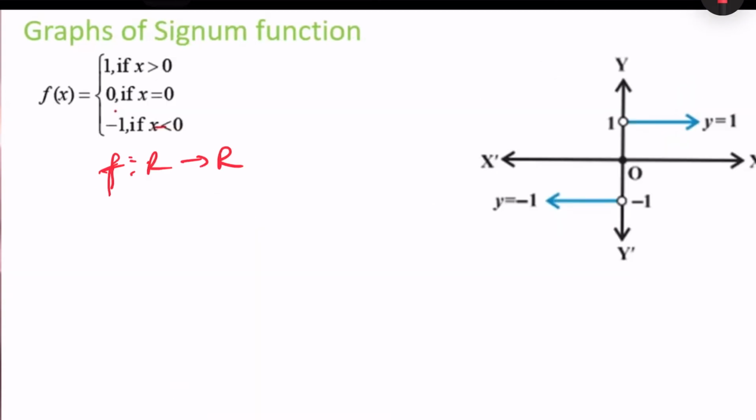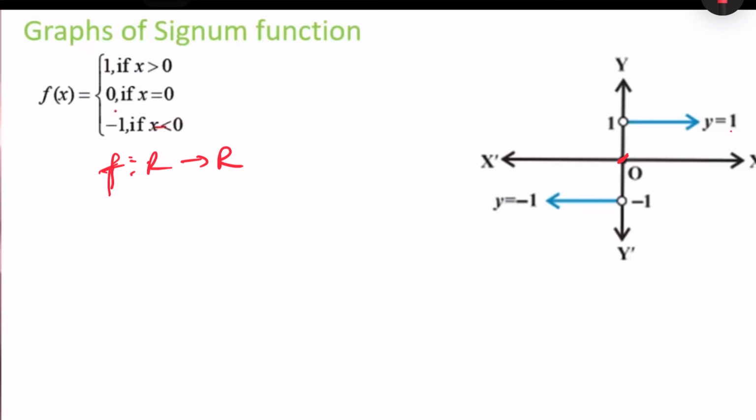So now we have what is called the graph of the signum function. The signum function is a function such that f is defined from real numbers to real numbers itself.